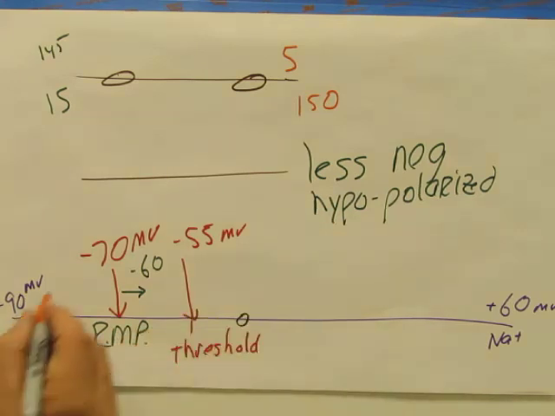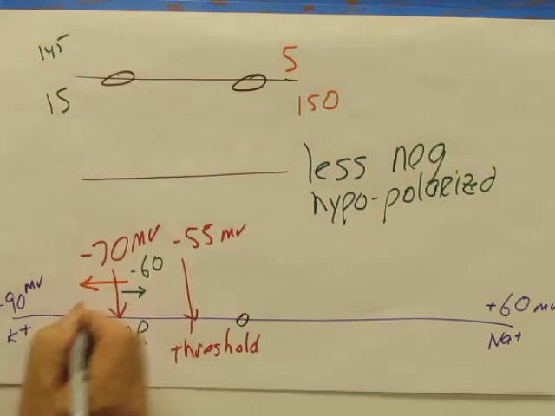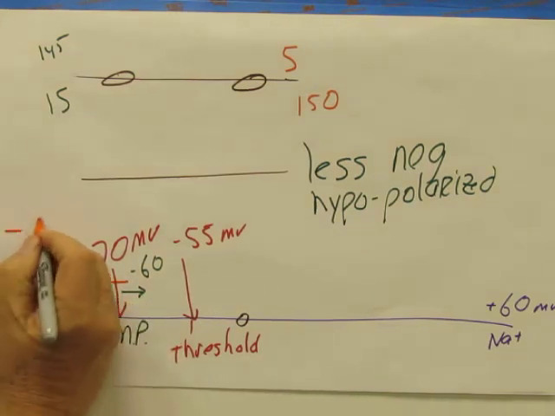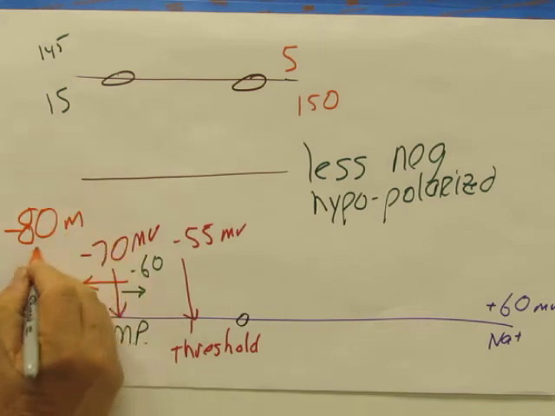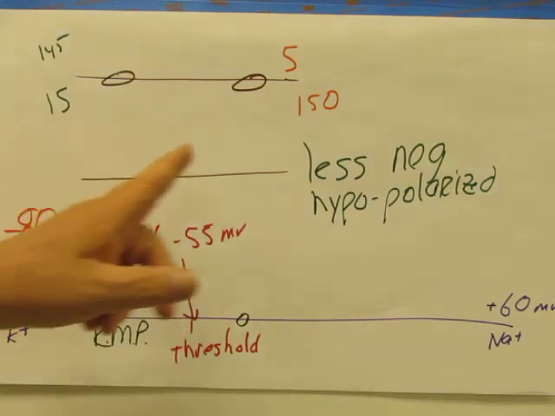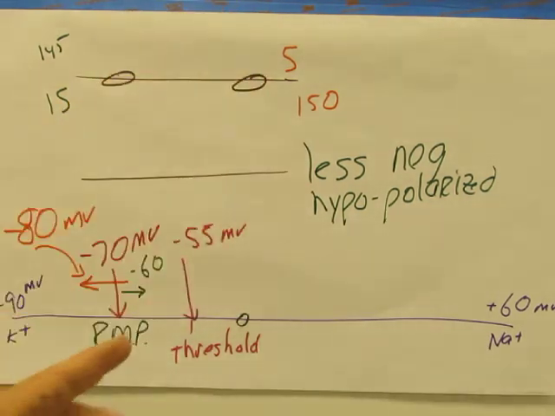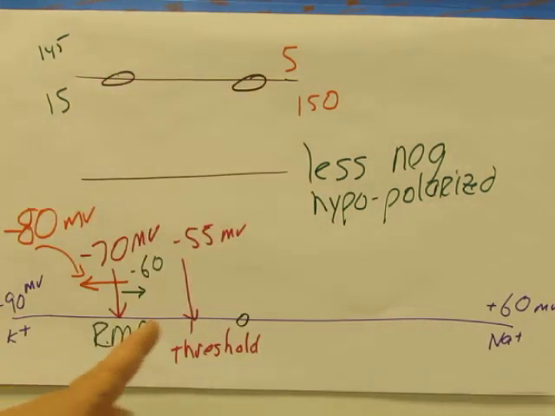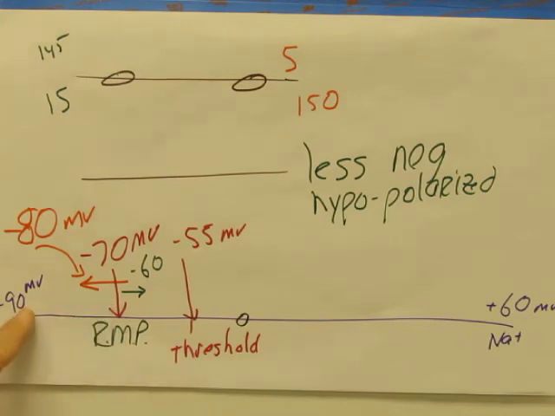If, on the other hand, we move the membrane potential this way, let's move it to negative 80 millivolts. How do we do that? Well, let's let more potassium come out. More potassium flows towards unimpeded flow, goes towards its Nernst, which is negative 90, but it's just leaking. So we move the membrane potential, let's say, to negative 80 millivolts.